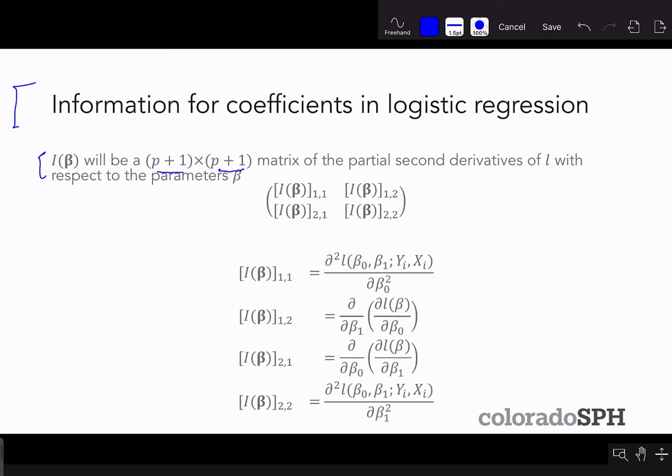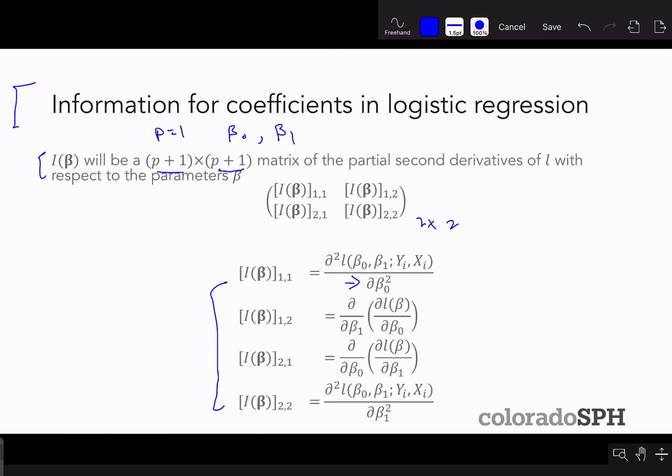And that is a matrix of the partial second derivatives of the log likelihood with respect to those parameters, beta. So again, if I have only p equals 1, and my two parameters then are beta 0 and beta 1, I'm going to have a 2 by 2 matrix with 4 elements. And then each element is given here. The first element is the second derivative of the log likelihood with respect to beta 0.